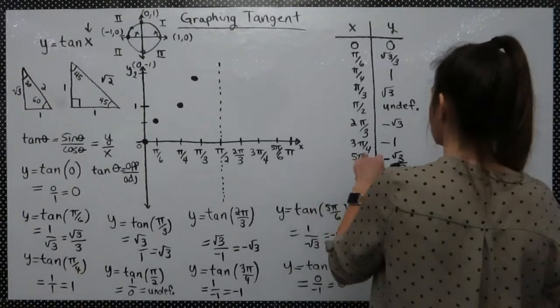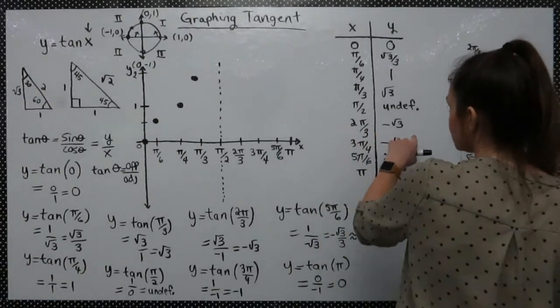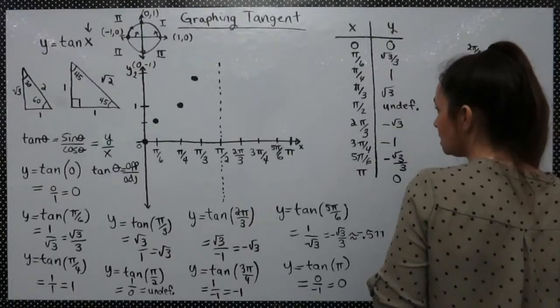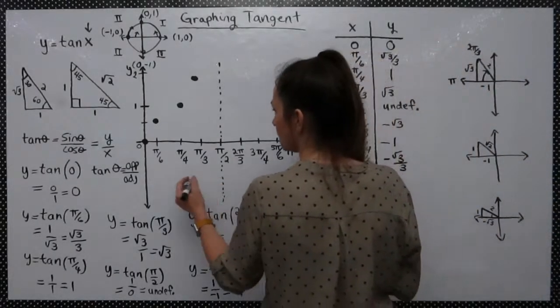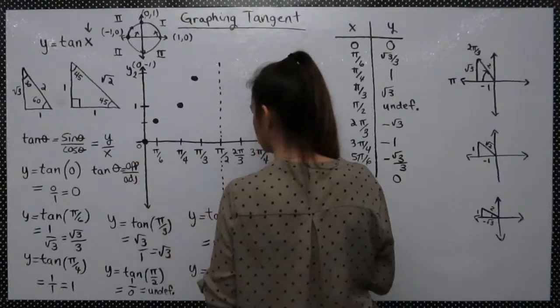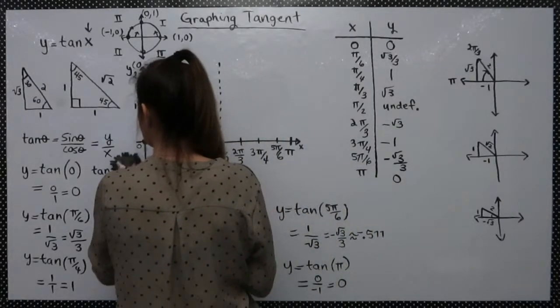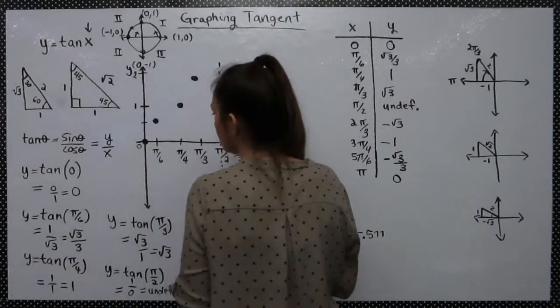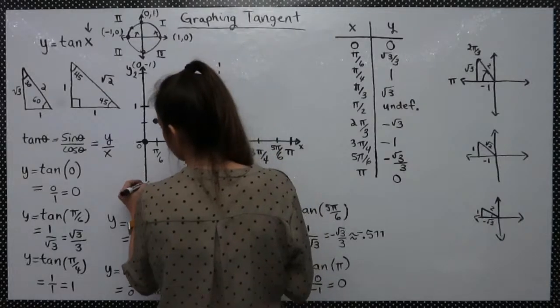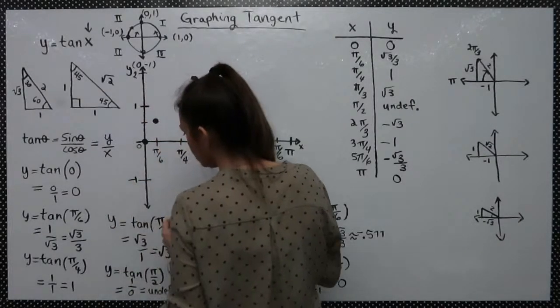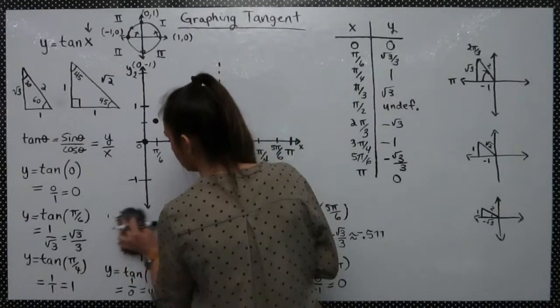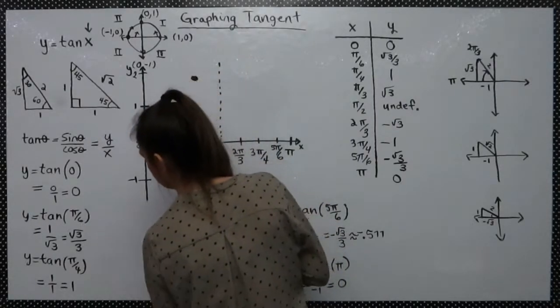And then, okay, so we're going to 2 pi over 3 is negative radical 3. So we're all the way back down here. So yeah, I'm going to erase this. It's getting in my way. And we've got to go to -1, and then a little bit further down.